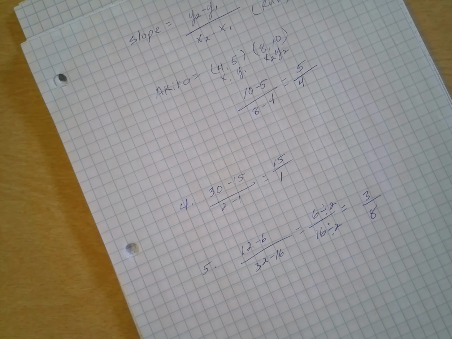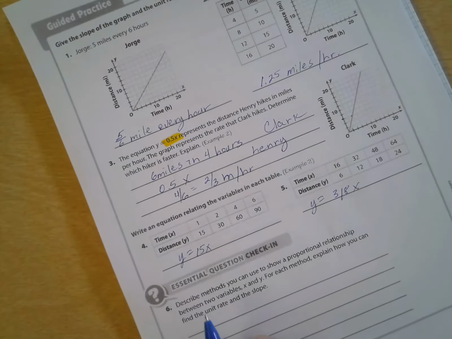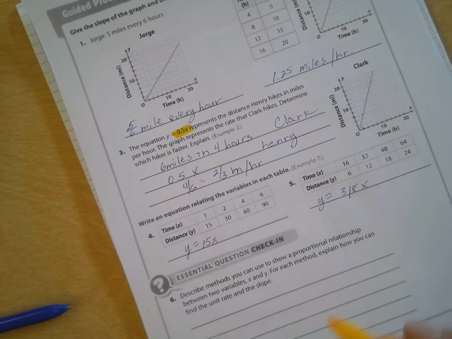And number 6. Describe the methods you can use for a proportional relationship between two variables, x and y.